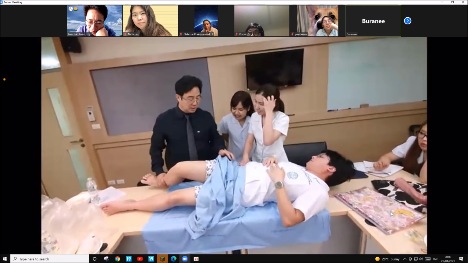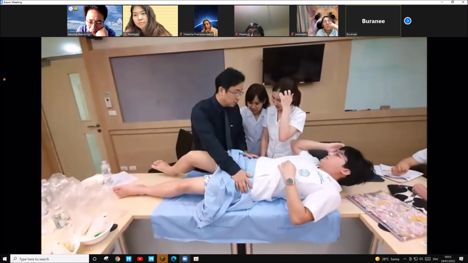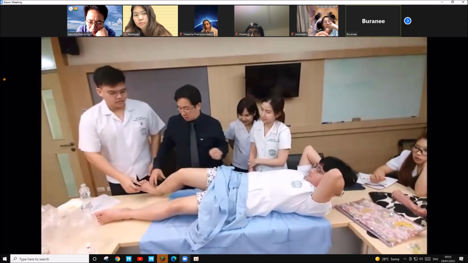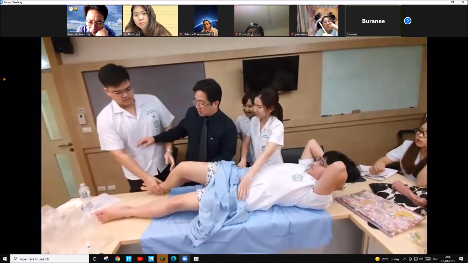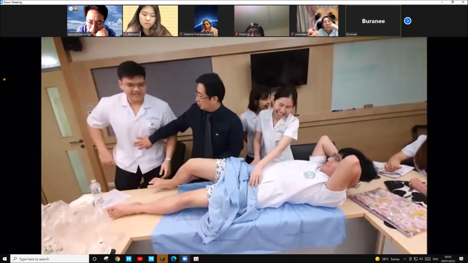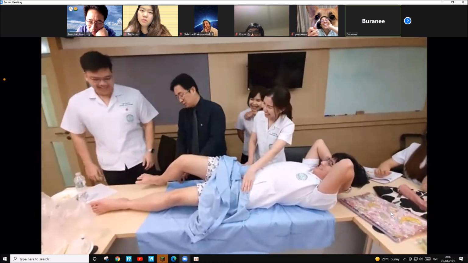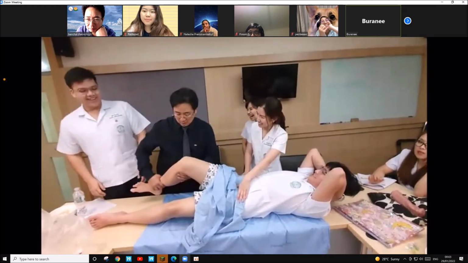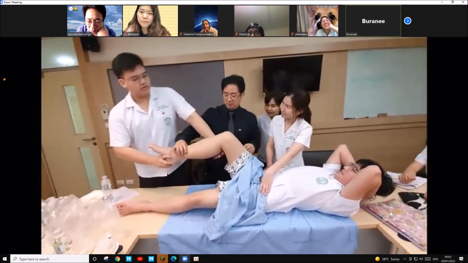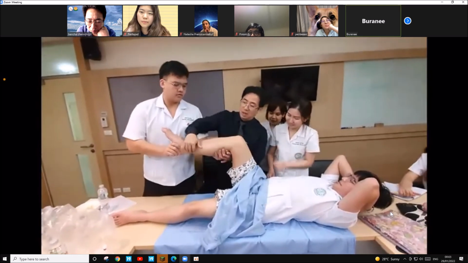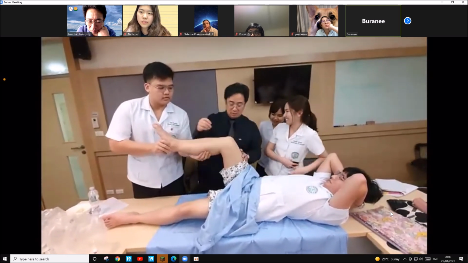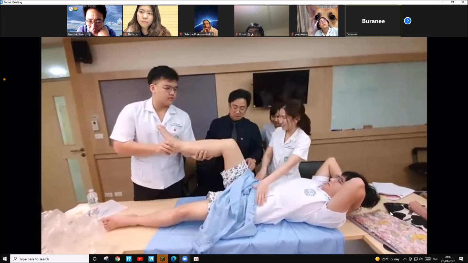So first, after the sedation, you stabilize the pelvis, fixing here at the ASIS. Most of the time, you need to climb on the table, but not at this time. So bend the knee to 90, this way. Very good. And what we have to do is pull up this way to stabilize.